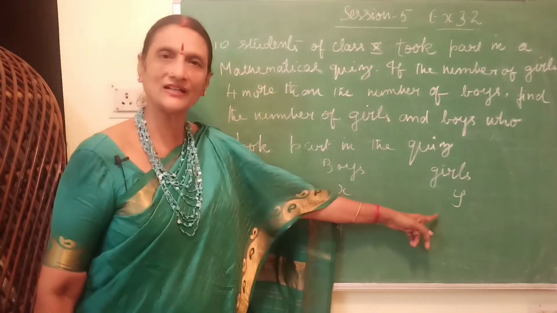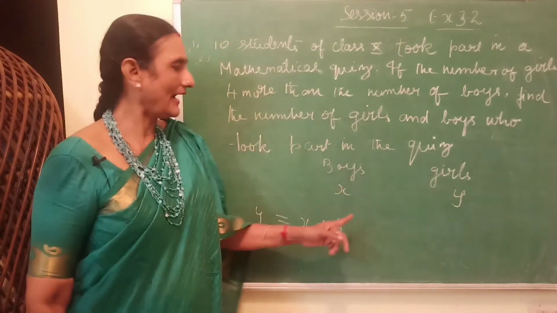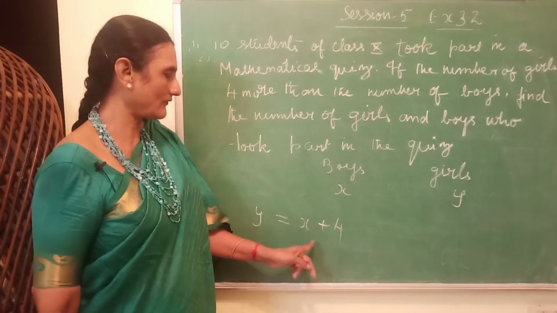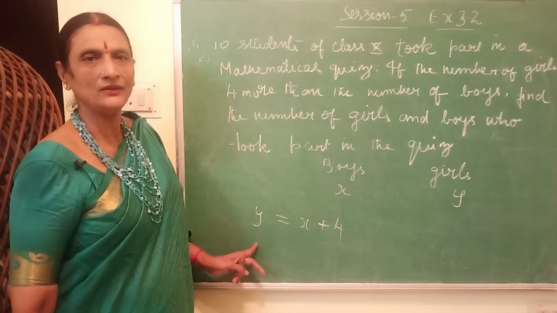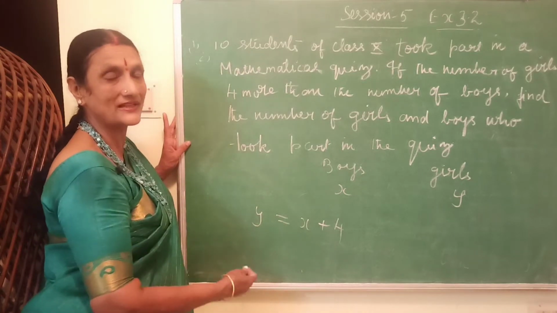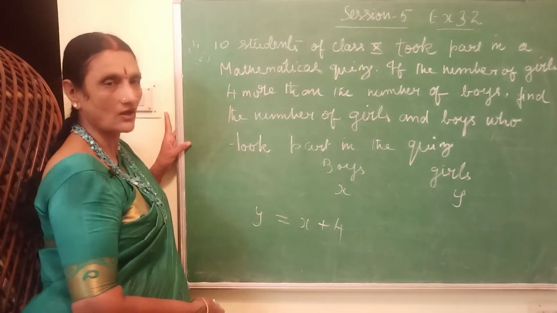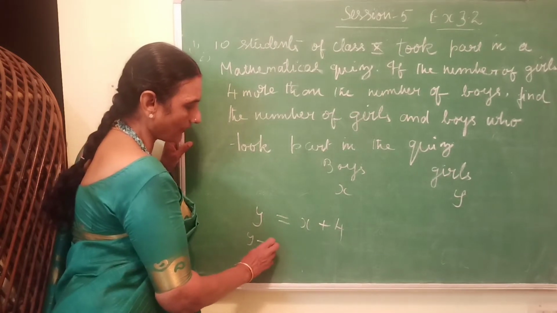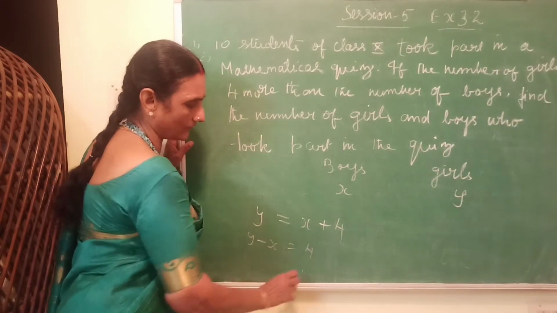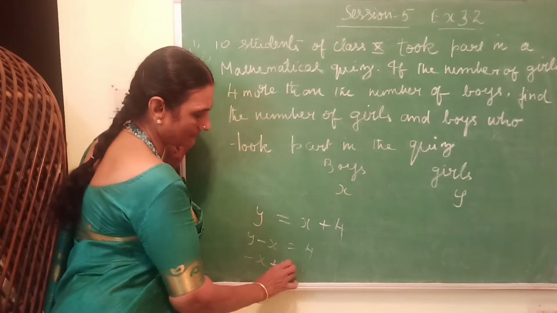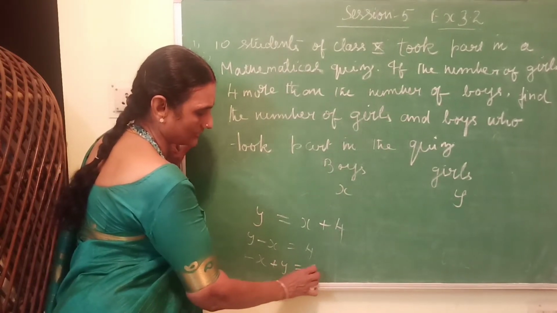Now the number of boys we have taken to be X and it is 4 more than that. Therefore, X plus 4 will give you the number Y. Are you understanding? Now you have to transpose the equation for quick solving. So I can bring that X here, Y minus X is equal to 4, or I can again rearrange the terms and write minus X plus Y is equal to 4.